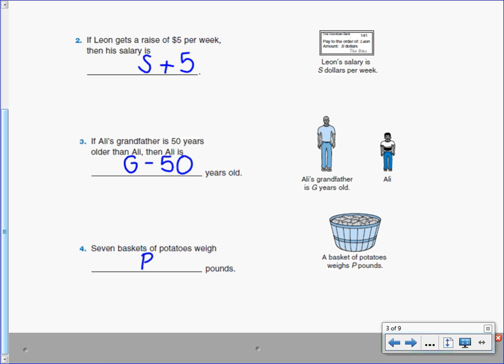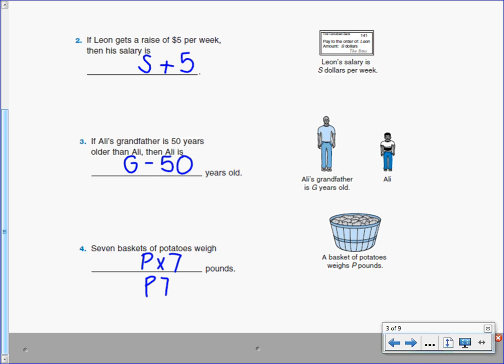Times 7. Because I don't know how much each of those baskets weighs, but I know that there's going to be 7 of them. What's another way I could write that? I can write it like that, but is that really the right way to write it? No. Say this is P. So you put 7 right next to it, with no mark. So like that?